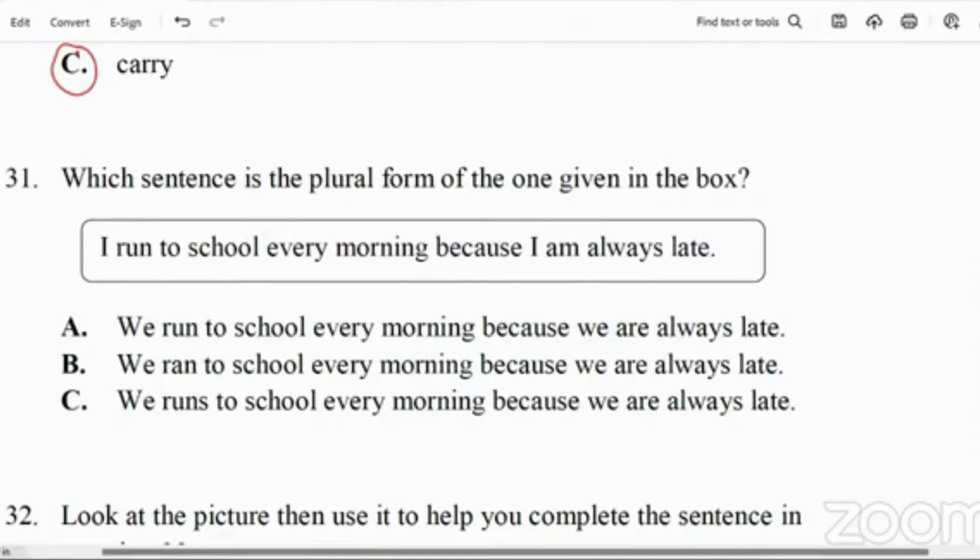So what would be the plural for I run? It would be we run. Not we ran, that's in the past tense. So that's not the same as what the sentence is saying above. And it's not we runs because runs would be the singular form of the verb run. So the answer, we run because we are always late. The answer is A.